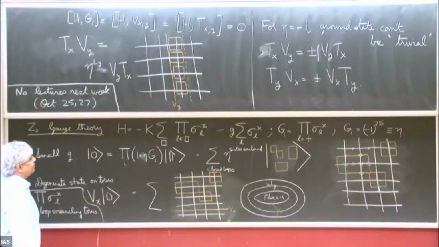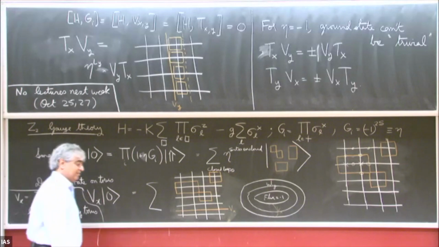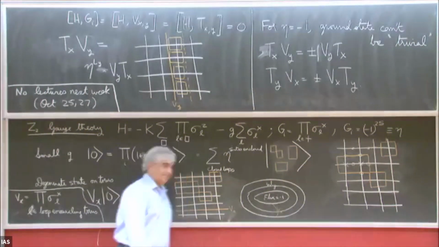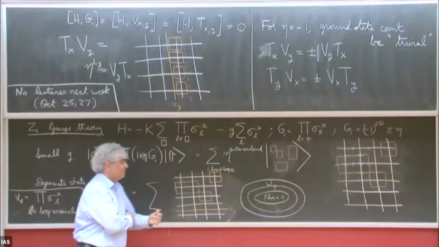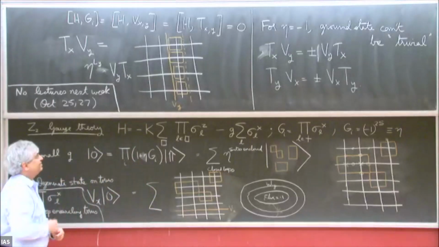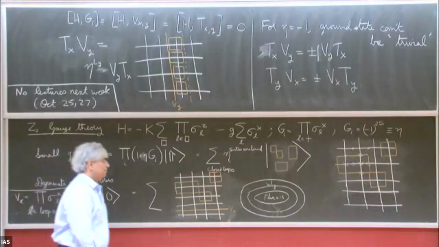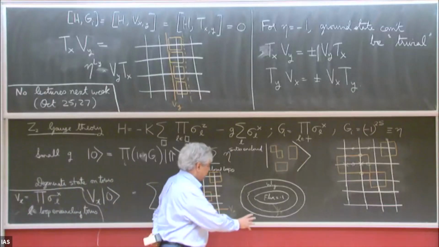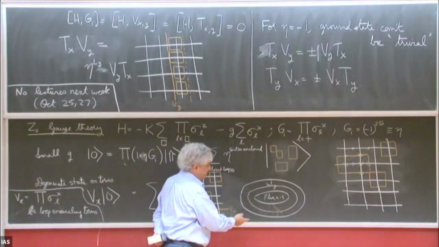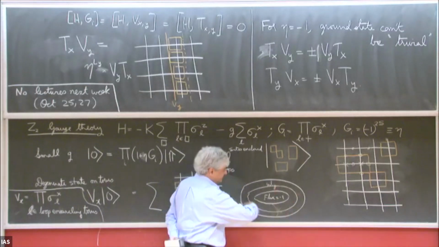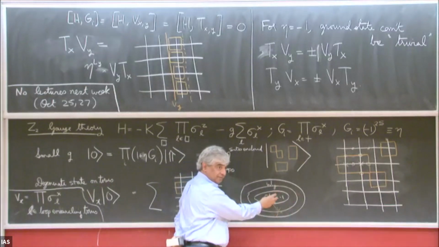Right. I mean, you can also define it on a lattice as an anomaly, but then you have to carefully define what you mean. If you consider Tx squared, this issue doesn't arise. So it's only an issue of the Z2 of the translation. It's not full translation. There's another way to say this, which comes back to this picture. As I argued, the action of Vx is actually the same as inserting a flux.